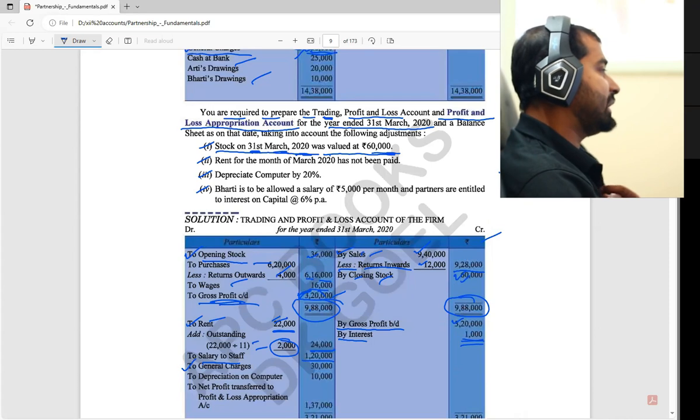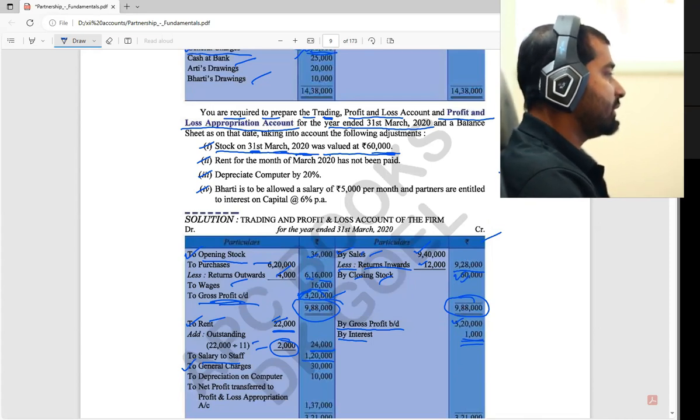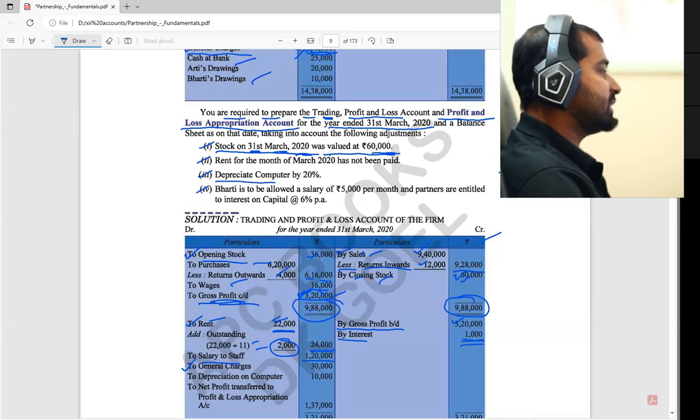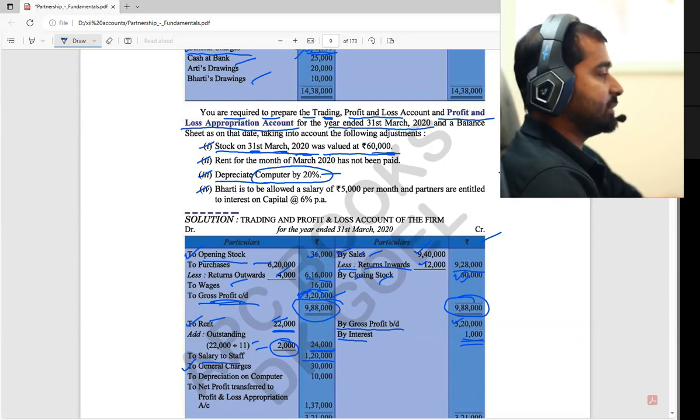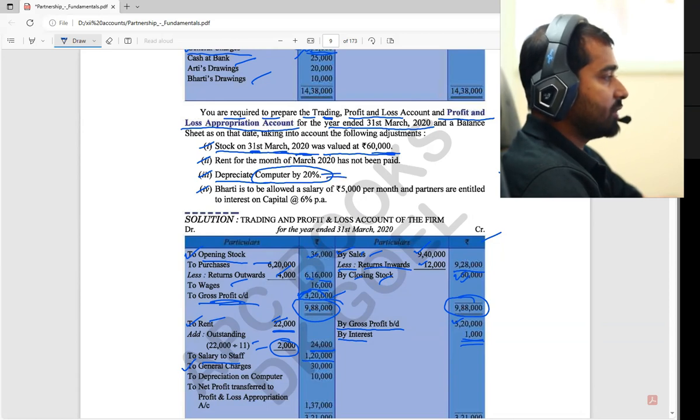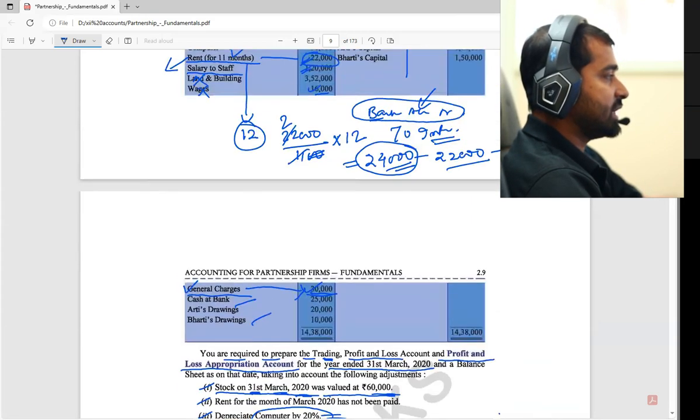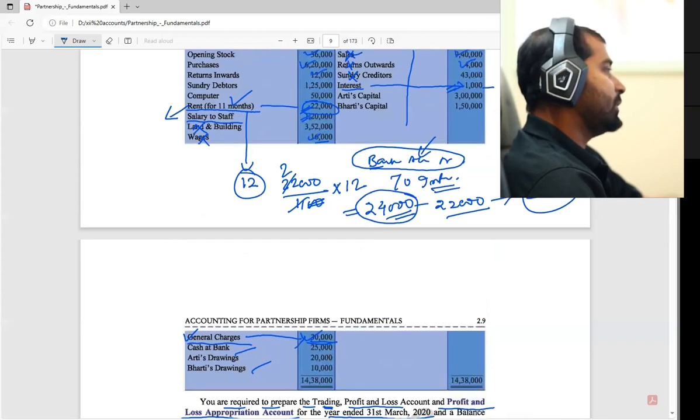Now come to whether any other adjustment is given or not. Depreciation on computer by 20%. So depreciation, it is nothing but what? It is an adjustment. Depreciation is exactly a loss on computer. Now see the computer value, how much was there. If you find the computer value, the 20% depreciation, easily you can find out. Now the computer value was 50,000.